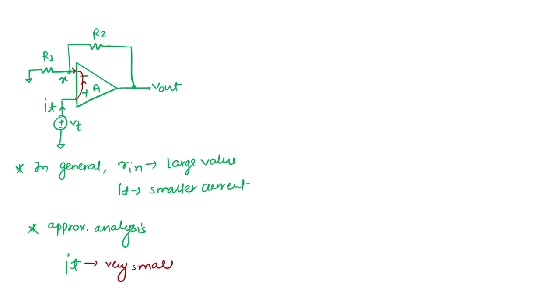For the time being, for my approximated analysis, I can say my Vx is nothing but, from the voltage division, R1 by R1 plus R2, which I can also write as beta V out.